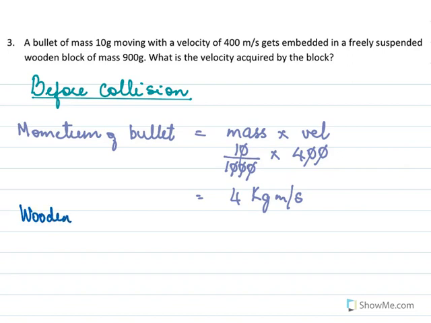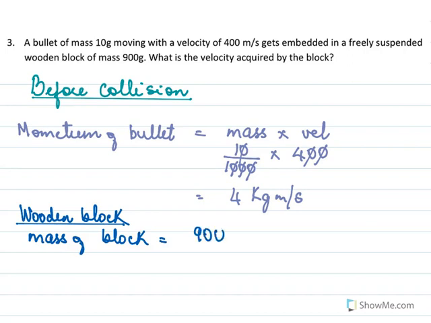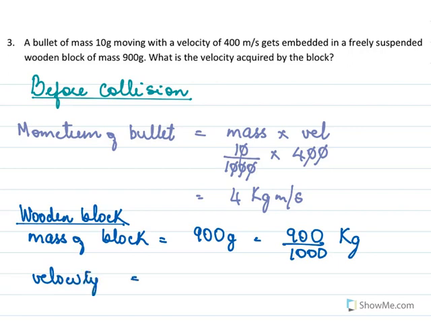So for the wooden block, here is a wooden block. The mass of the wooden block is given as 900 grams, which is 900 over 1000 kg. And the velocity of the block, it's at rest, so the velocity is 0 meter per second.